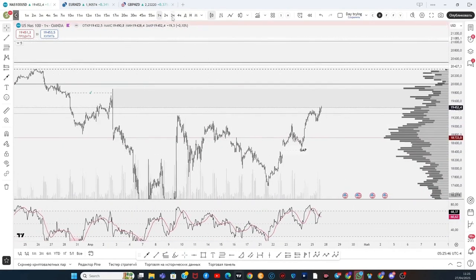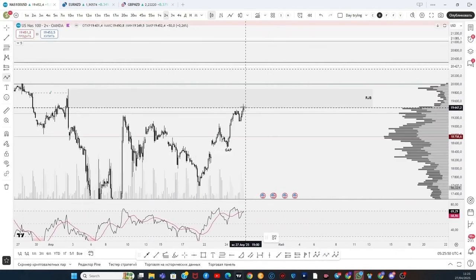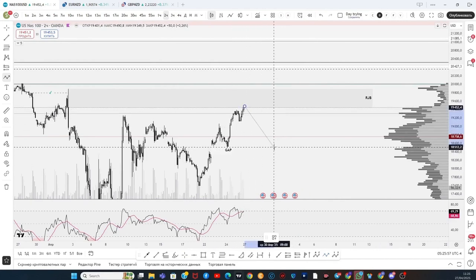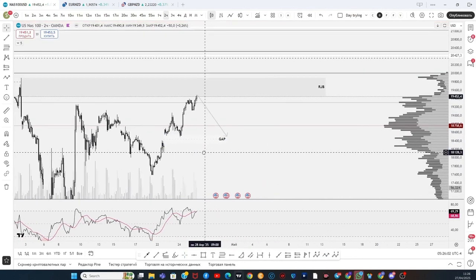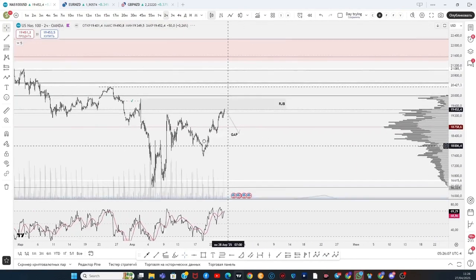So what do I see here? A reaction from the 0.5 Fibonacci level, with a subsequent move downwards in closing the gap. What could possibly be the next scenario?